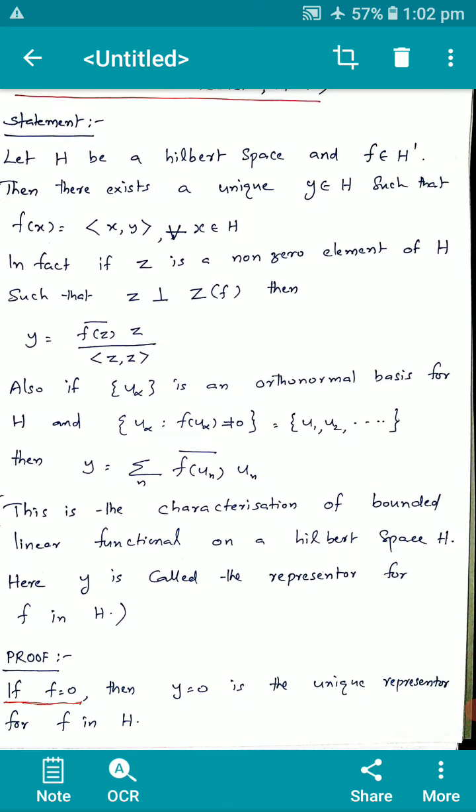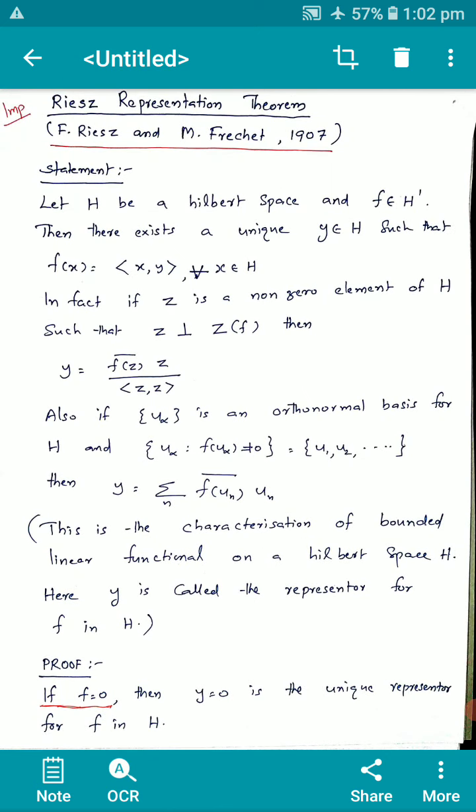Also, if {u_alpha} is an orthonormal basis for H, and the collection of u_alpha such that f(u_alpha) is not equal to 0 is nothing but this collection u1, u2, etc., then we can write y as the sum over n of f(u_n) bar u_n.